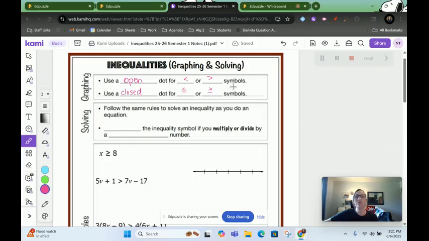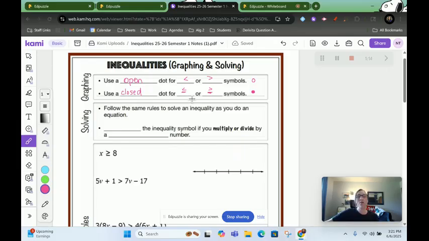So less than or equal to and greater than or equal to. An open dot looks like that, and a closed one looks like that. That is the difference, okay? The closed one is when we have our equal to bars underneath our inequalities. So that's the first thing to know.